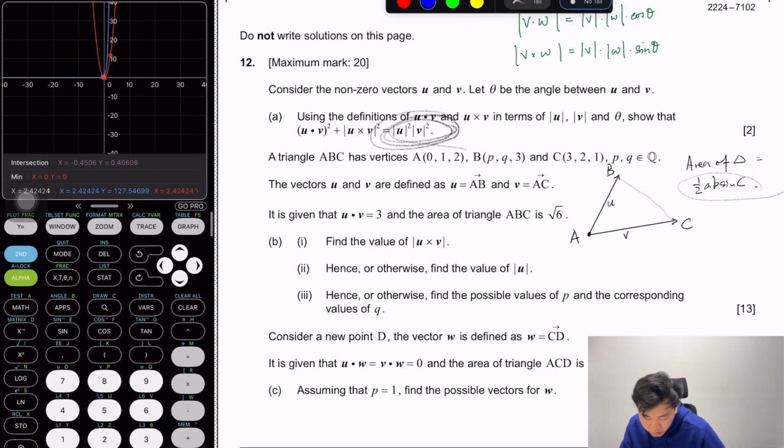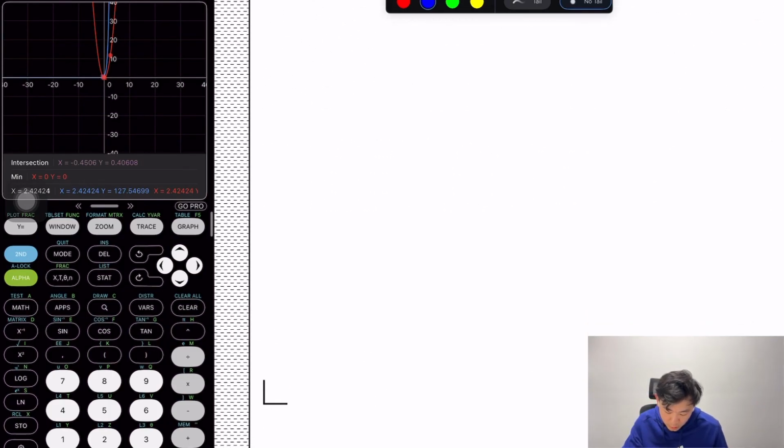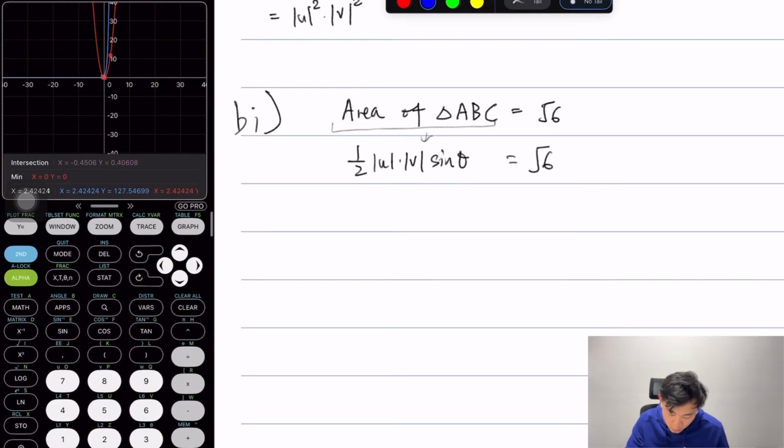With the things that we just observed there, can you see here? The product, we can actually write it as the u times v, as a product like this. So then we can replace this batch as one half times u times v, just following what they use, and then equals root 6.